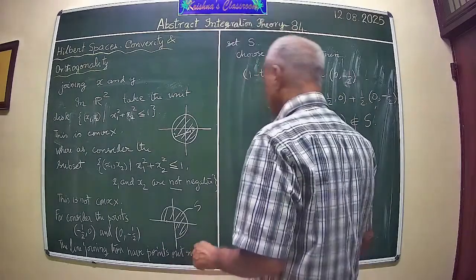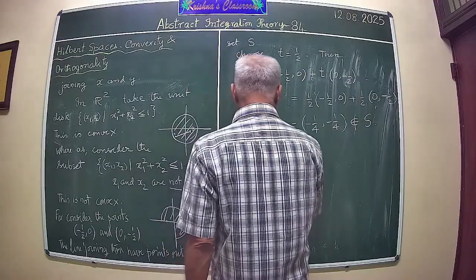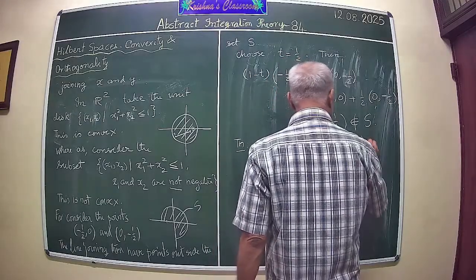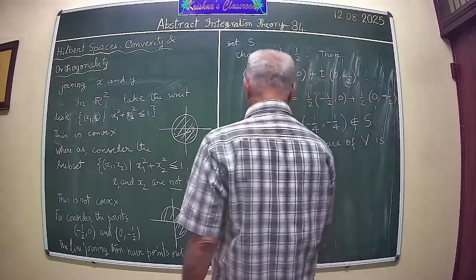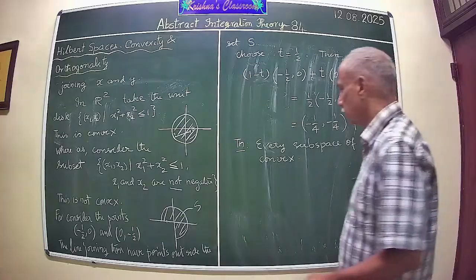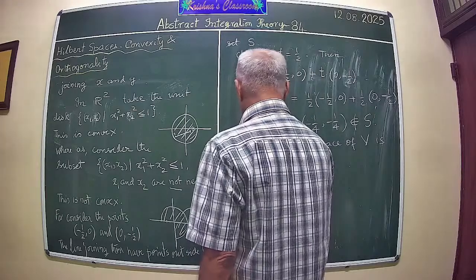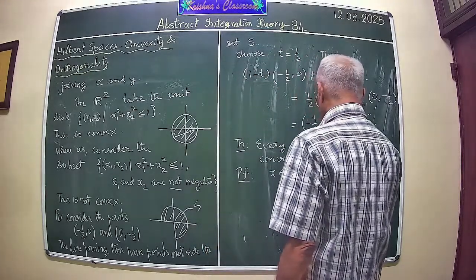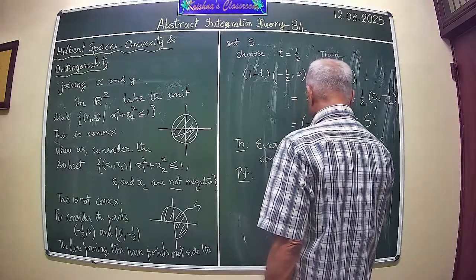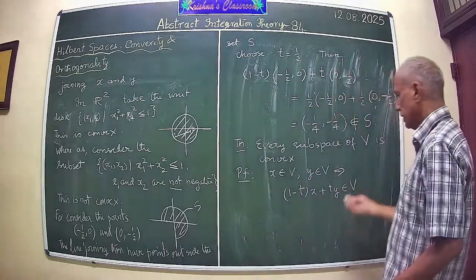So one of the results that you have is that every subspace of V is convex. This is quite easy to do because that's a linear combination.